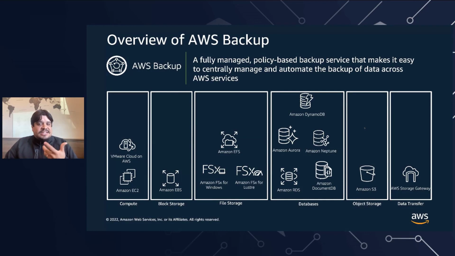AWS Backup lets you centralize your data protection across all your resources. You don't need to build and manage automation using custom scripts, but instead you let AWS Backup automate data protection for you across all the supported services. As of today, we support 13 AWS stateful services with AWS Backup, including compute, storage, and database services.